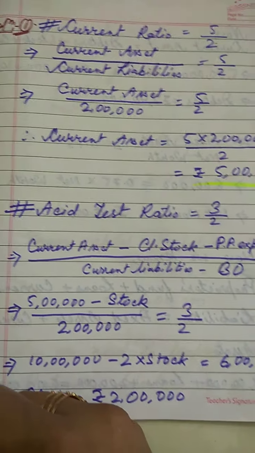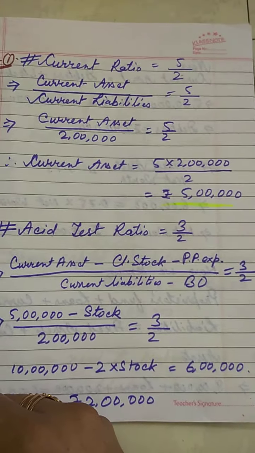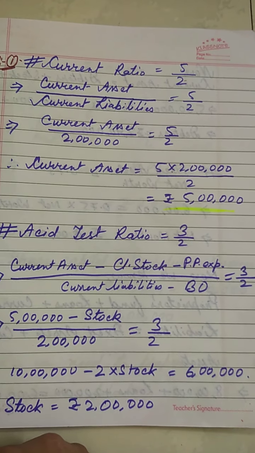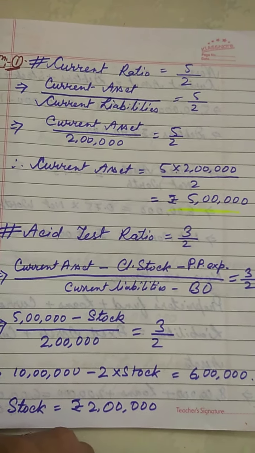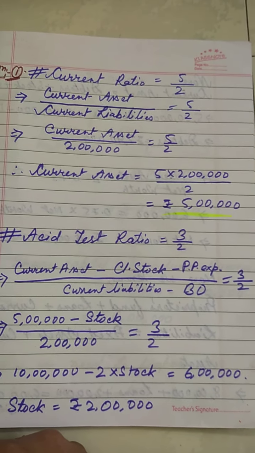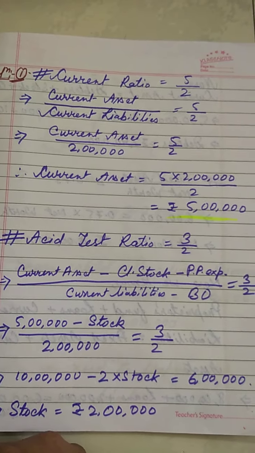Next ratio that is given in the question is acid test ratio. Now you all know that in acid test ratio you have to deduct all the assets which are absolutely not liquid, and have to only consider those assets which are absolutely liquid in nature.